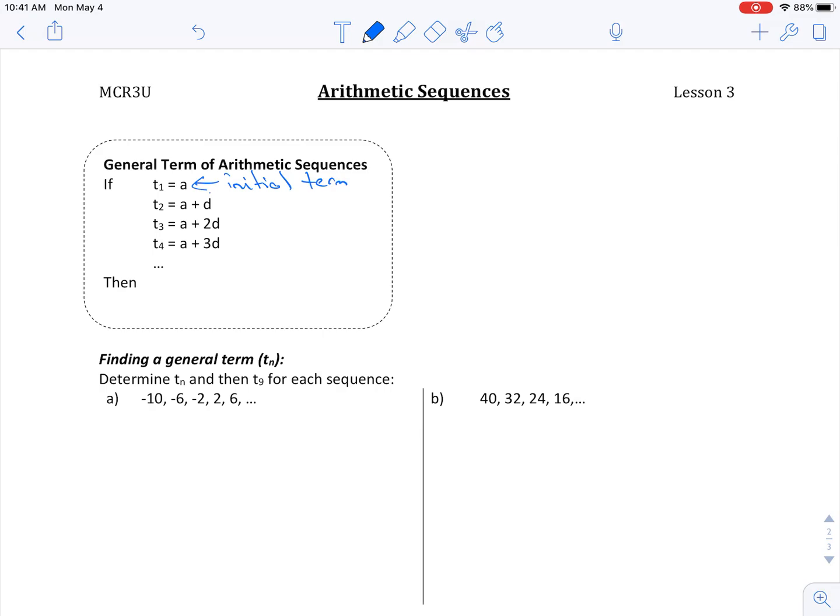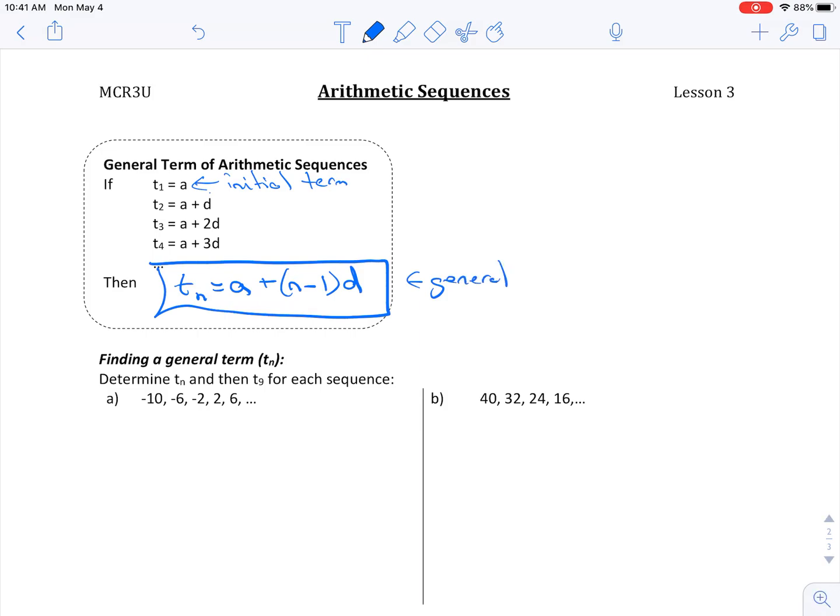If I add d to it, a common difference, then I get this pattern where I'm just getting consecutive d's and adding more. And so what happens is I get a general term where I have the initial term plus n minus 1 d, to get rid of the d from the first term. And this is the general formula for an arithmetic sequence.